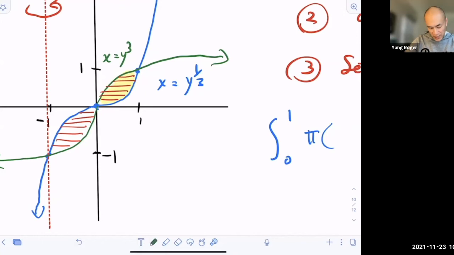So if I were to shade in a disk, let's say we're working with this disk right here. I know that the distance from here to here is the x value, which is y to the 1/3 power. But my radius, my r big, should be the distance from here to here. So what do you guys think r big is going to be?